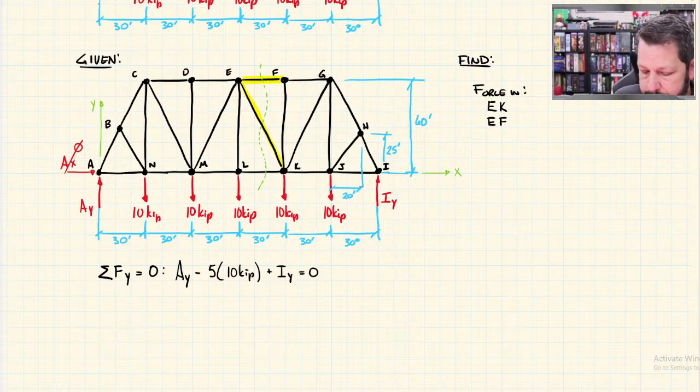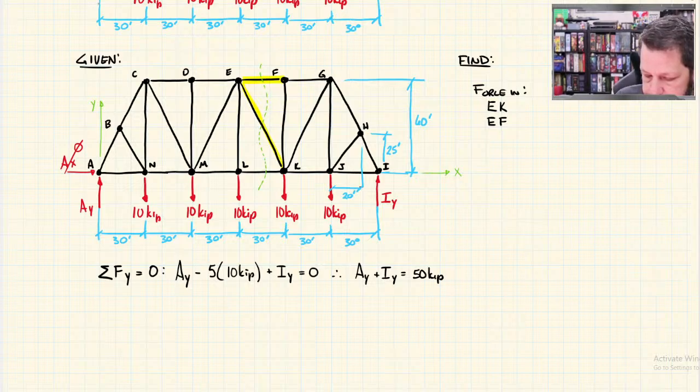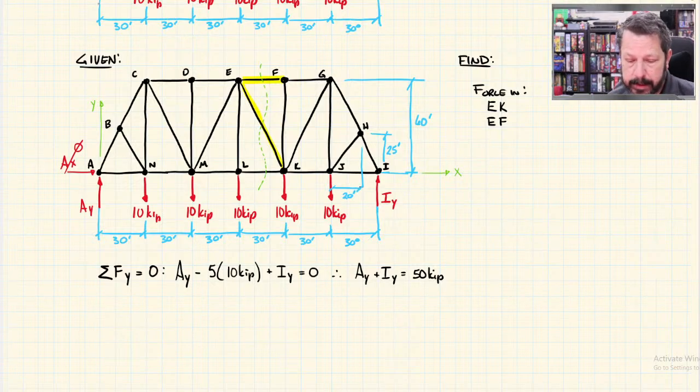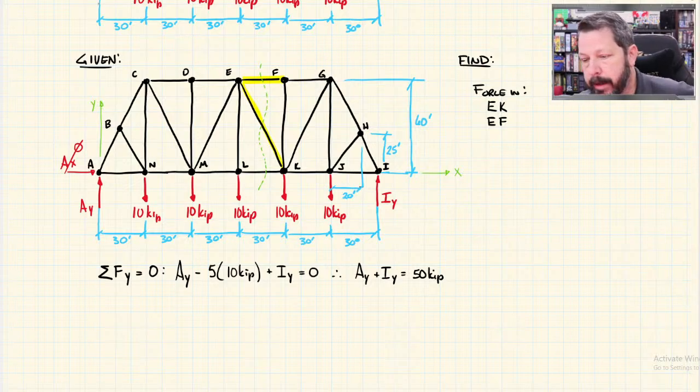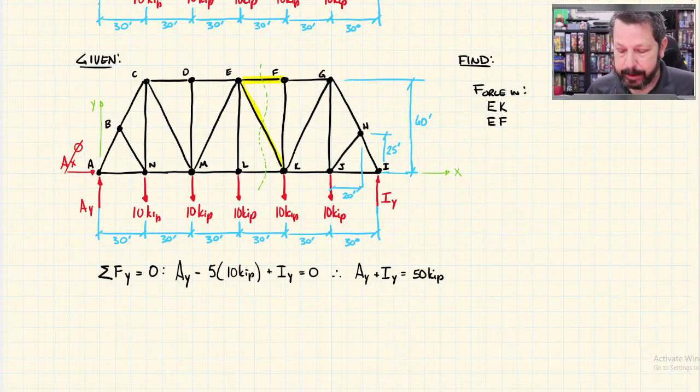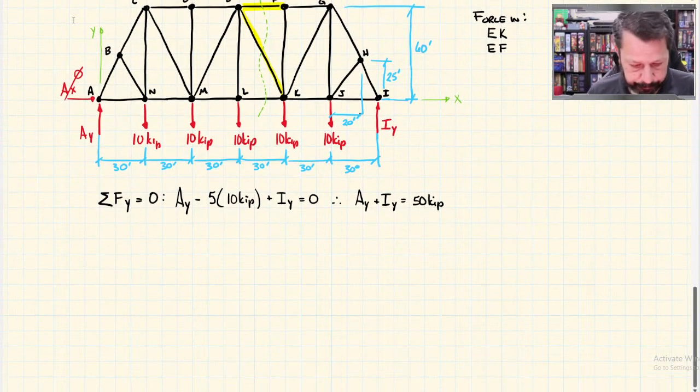So all that tells me is AY plus IY equals 50 kips. That's all it tells me. And I can't solve for that. Usually this is what happens. And so usually when you're solving for external reactions for a truss or some other object that we haven't gotten to yet, then usually you want to do a summation of moments first.